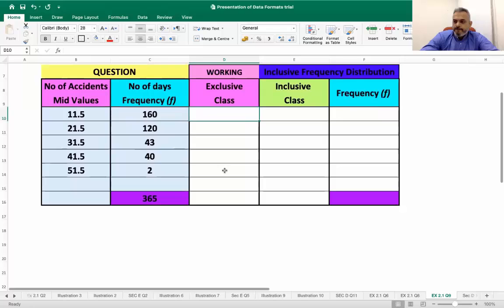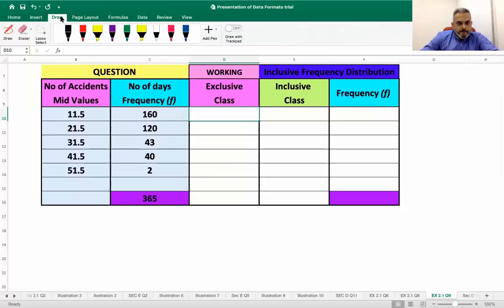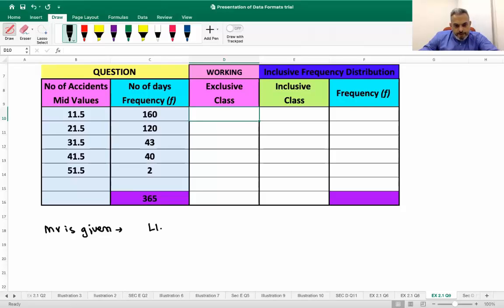First of all, mid value is given. Now lower limit is equal to mid value minus class length divided by 2.